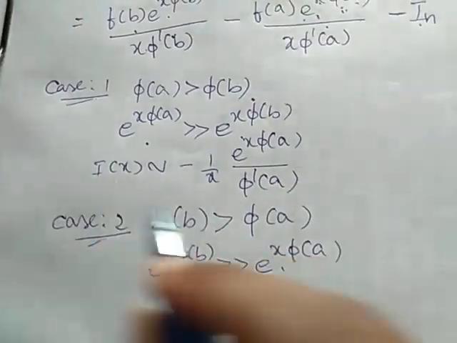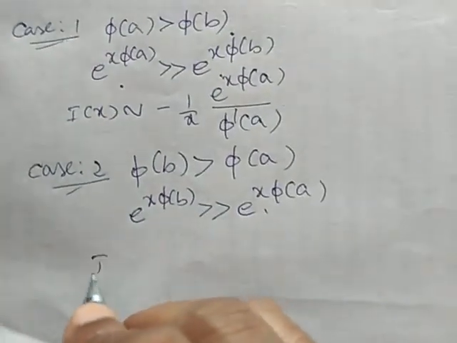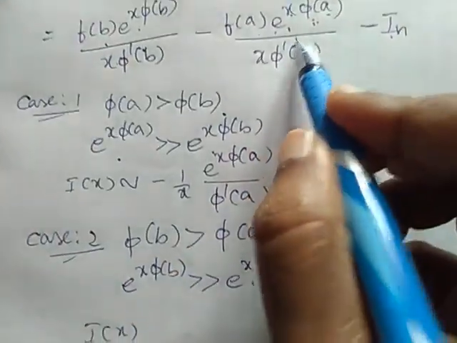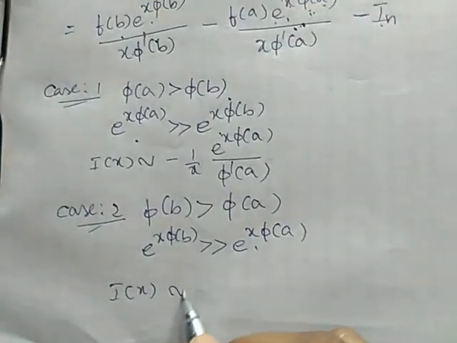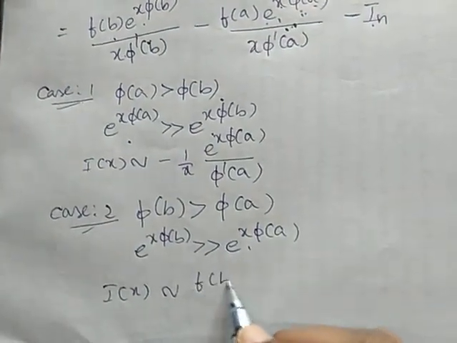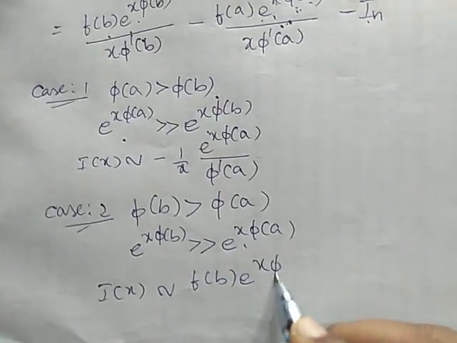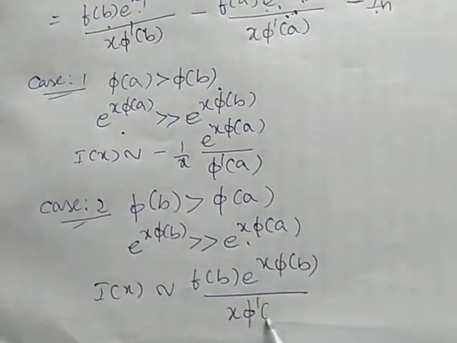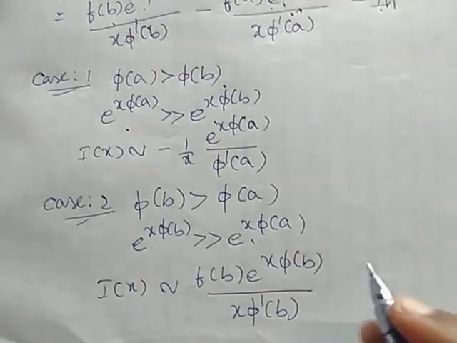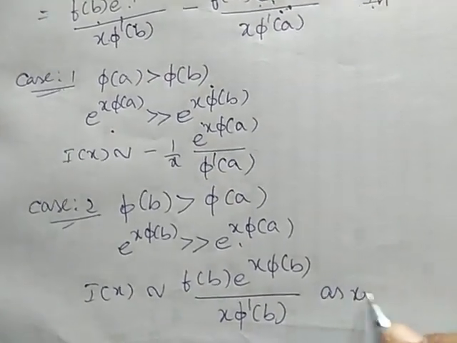So in this case I of x is asymptotic to, this other term is very small compared to this, so it is asymptotic to f of b e power x phi of b by x into phi dash of b as x tends to infinity.